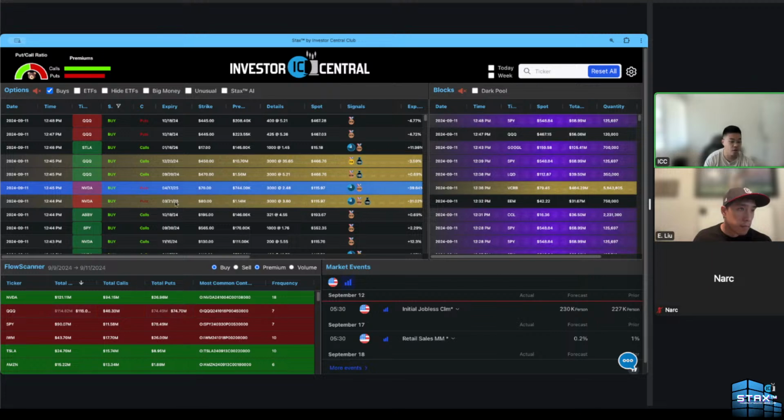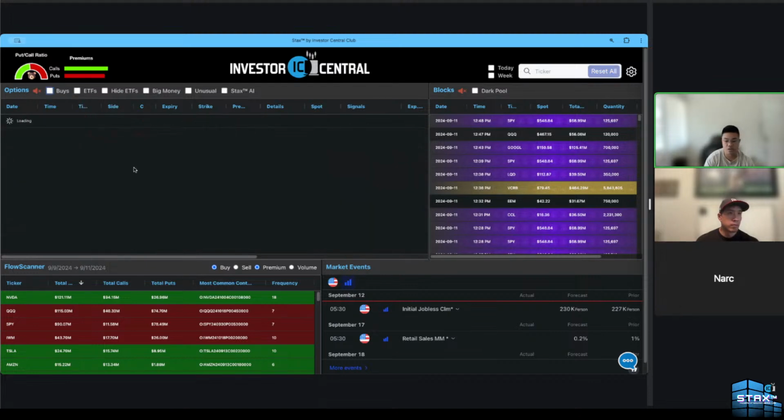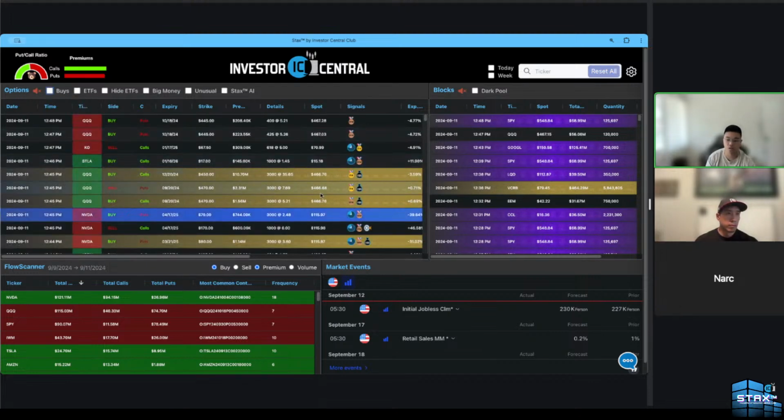Now we're seeing QQQ puts coming in, 1018 being bought, out of the money at 445 strikes, 200K. Reasonable amount, but nothing too crazy. So you're going to see a huge push when it comes in 2 minutes at the 3:50 p.m. Eastern Standard Time mark. So just keep an eye on it.